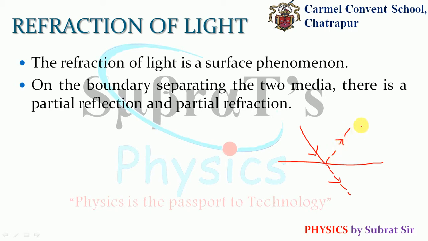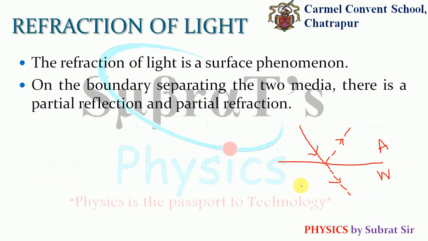This one is reflection and this one is refraction. So at the boundary separating the two media, air and water, when a ray passes from air to water, there is a partial reflection and a partial refraction at this surface.